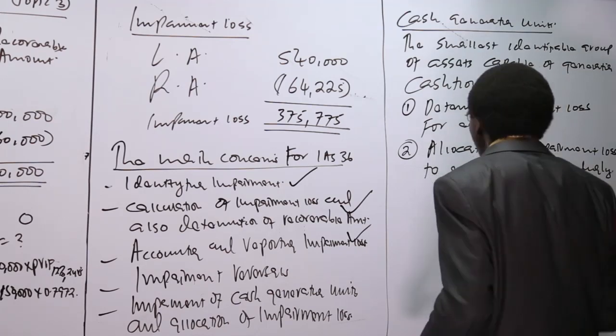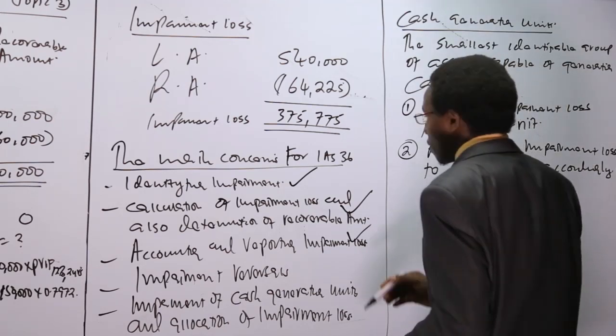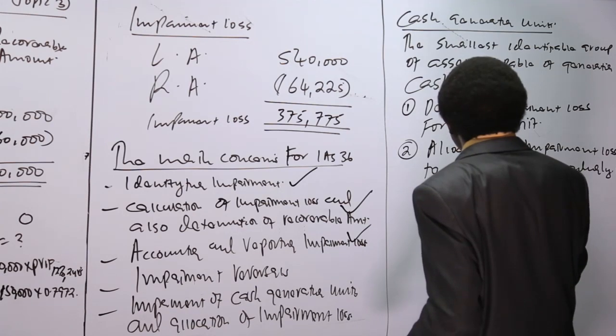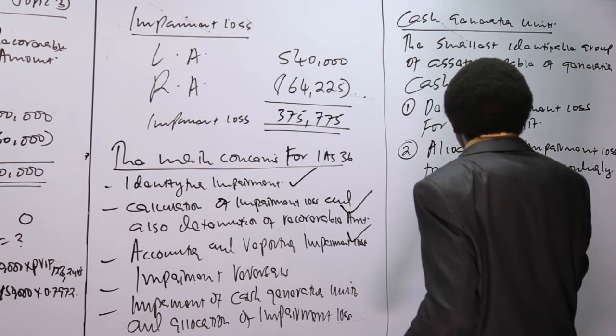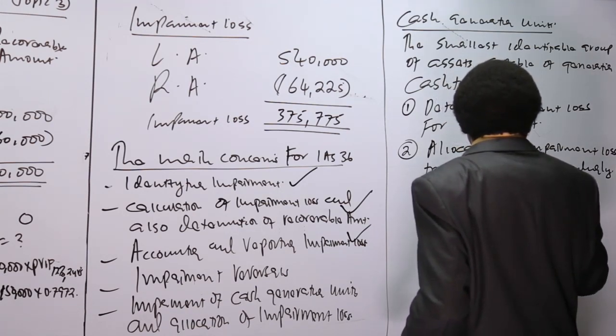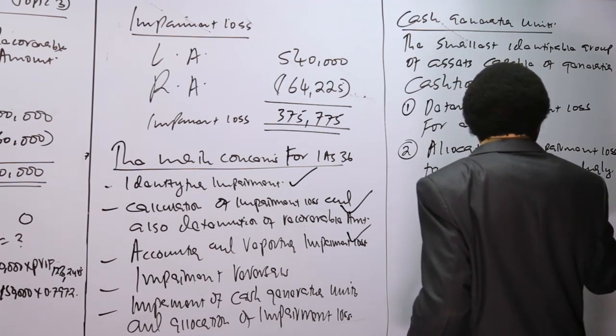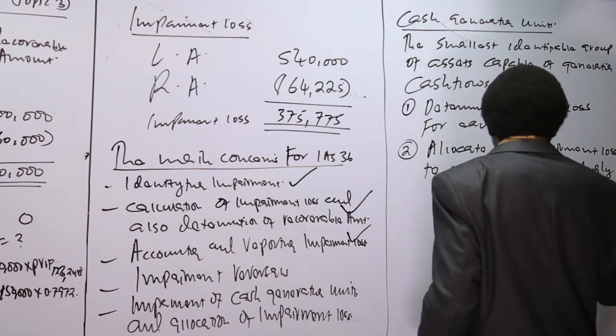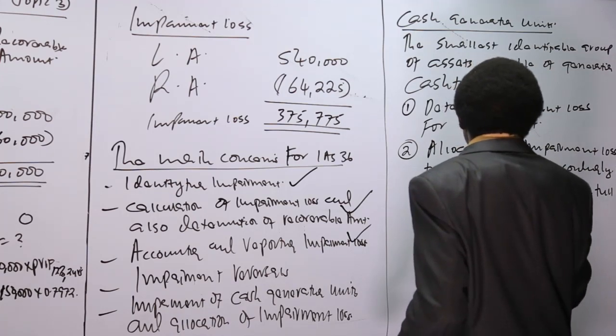How do we allocate it? Roman 1, write off goodwill in full by the impairment loss.